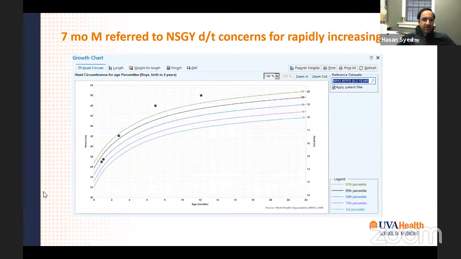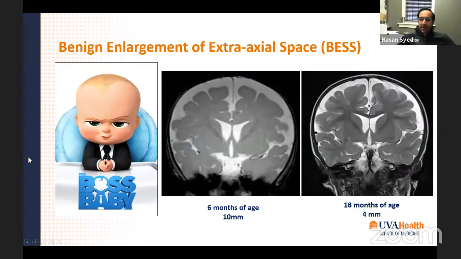And so this is a 7-month-old with rapidly increasing head circumference. You can see it was at the 50th percentile initially, and then subsequently increased in size. Something commonly seen is benign enlargement of the extra-axial spaces, something called BESS. The precise cause is unknown, but it results from a functional obstruction of the arachnoid villi.